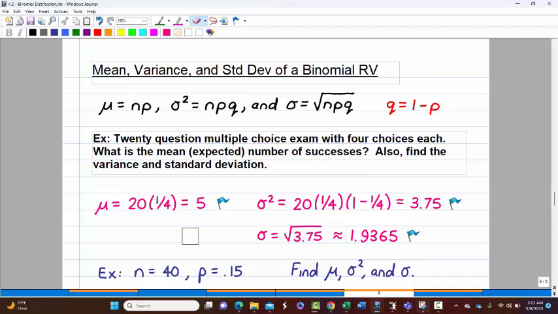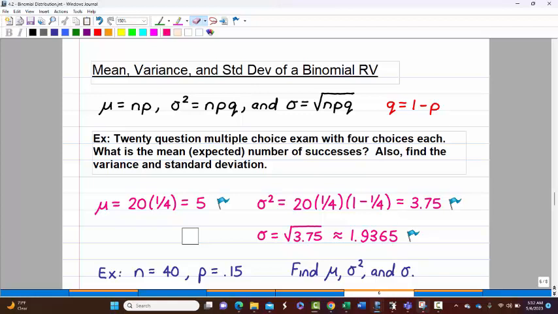Now I'll explain to you what that means, although it's not going to ask you that on a test. The variance and standard deviation I'm not really going to explain that much, but the mean means on average, basically kind of like the law of large numbers. If you did this over and over and over, how many would you expect to guess right on average? Obviously, if you did this once, you'll get one answer. Next time you get another answer.